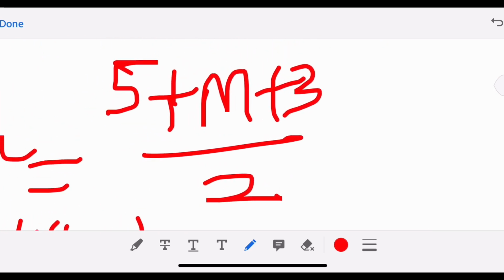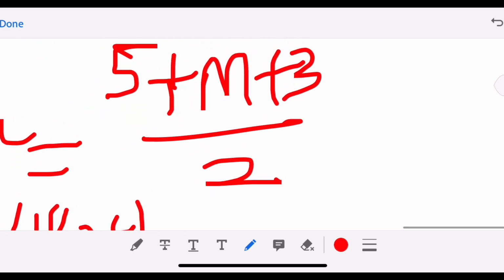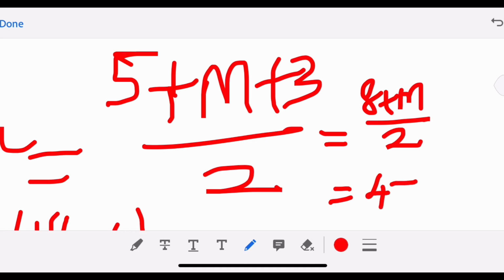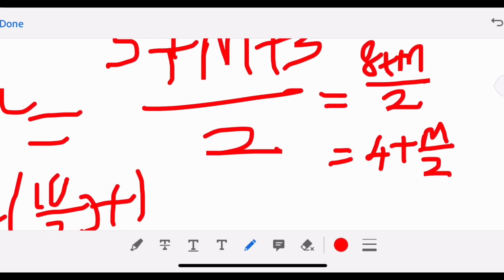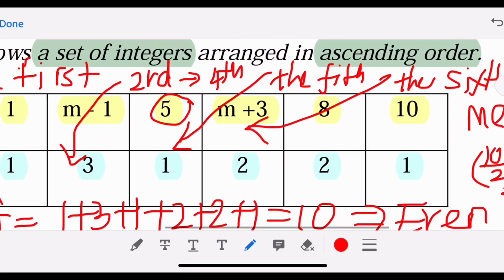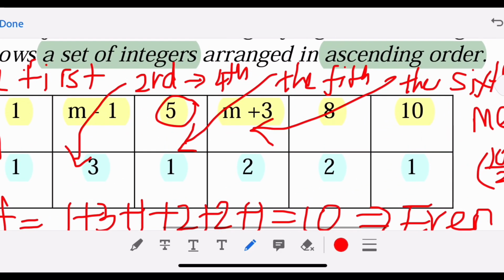I take these two, I average them, I divide by 2. So I will get m plus 8 or 8 plus m, the same, divided by 2. After dividing by 2, I will get 4 plus m over 2, right? Clear or not? Do you understand what I am doing? I hope so. I speak as slowly as possible so that you can follow well.